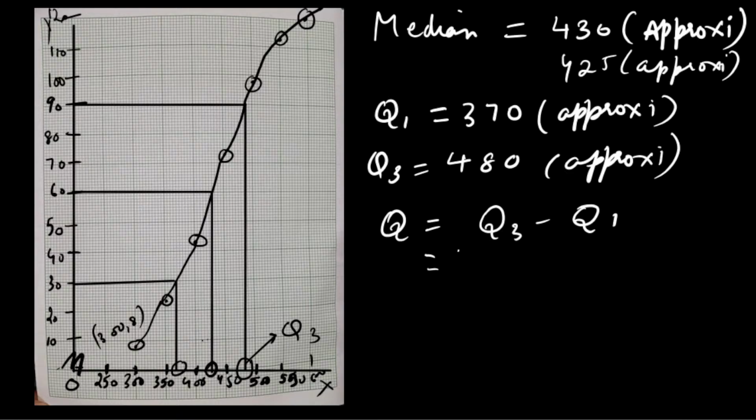Q3 is 480 minus Q1. Q1 is 370. So 480 minus 370, almost how much will we get? 110.